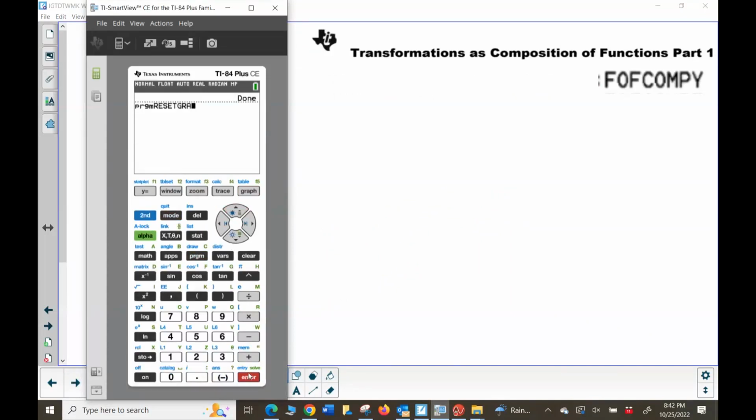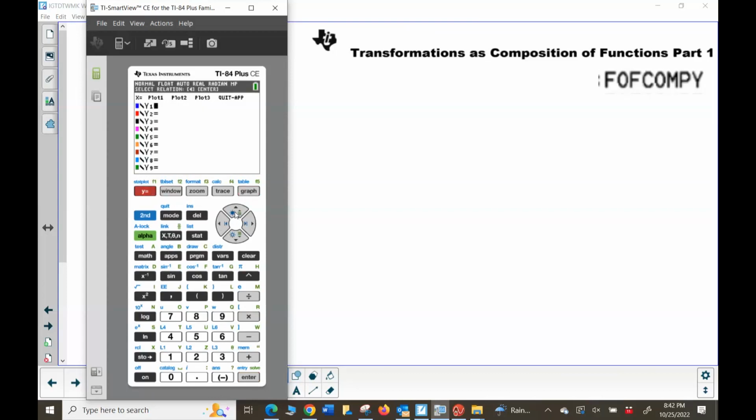I have a program called Reset Graph that brings everything back to how I like it. So if I go ahead and run that, it clears everything out of y equals, puts the colors back where they're supposed to be, puts in my favorite window, has a graph screen with the grids, whole thing.